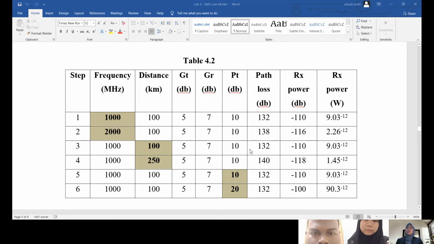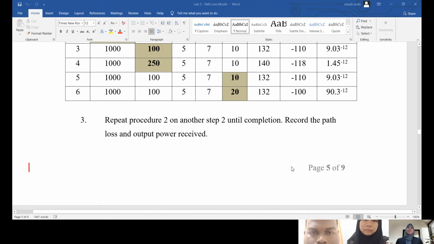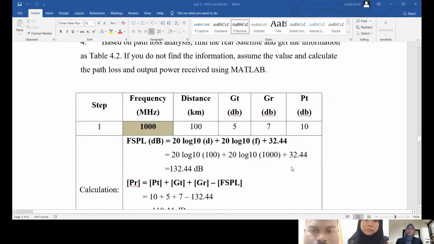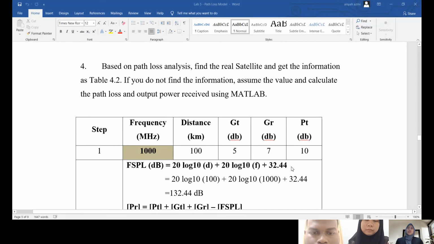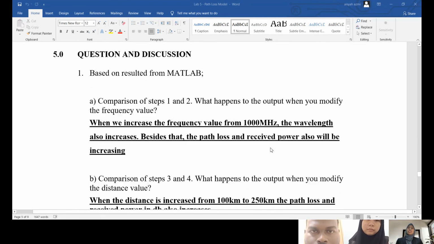Rx power in watt is 90.3 picowatt. We also calculated manually, so the value of the MATLAB and the calculation is quite the same. So the next is the questions.